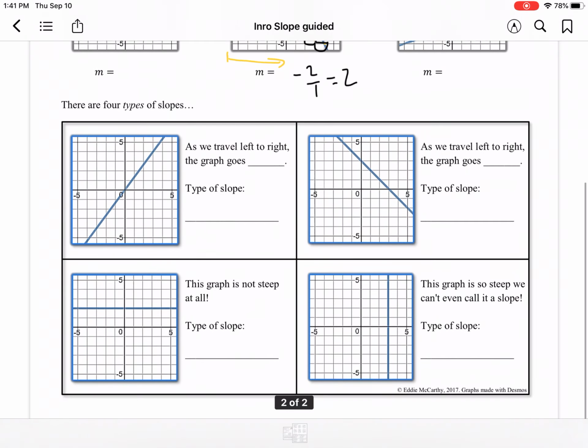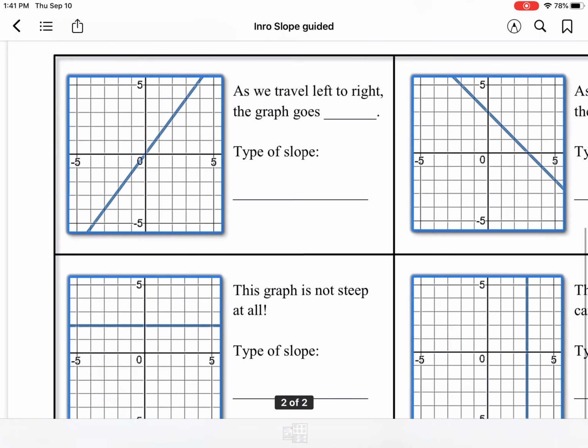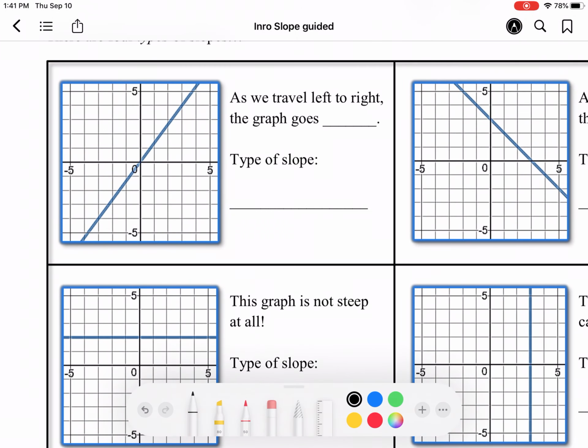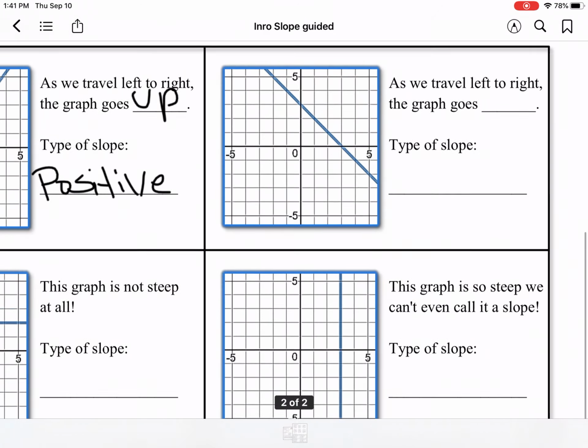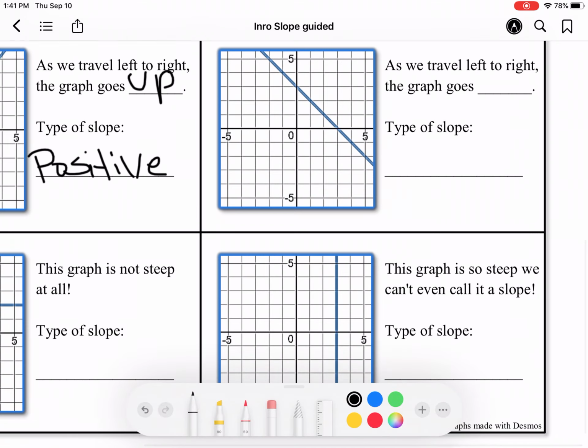Now, the different types of slope are pretty simple, and we've already talked about two special kinds. So as we travel from left to right and the graph goes up, our slope is positive, and we talked about that. As we travel from left to right and our graph goes down, our slope is said to be negative.